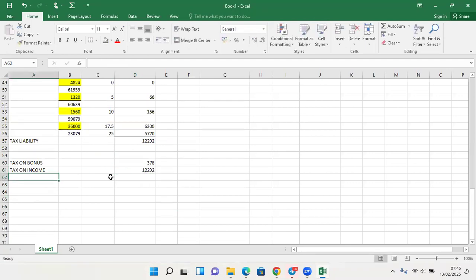All right, so when we add the two, we're going to get our total tax. That's what the question asked us for, our total tax liability.